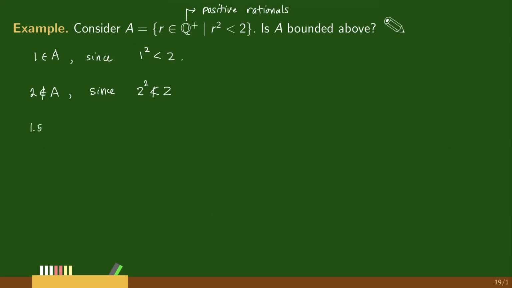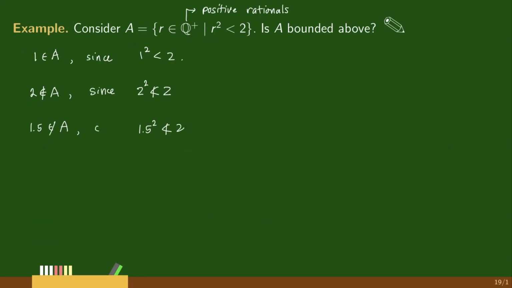Ang tanong is 1.5 an element of A? Yes or no? Can you hold a calculator with you so we can check? 1.5 is a rational number, right? So take the square. Anong square ng 1.5? 2.25. So yeah, it's not less than 2.